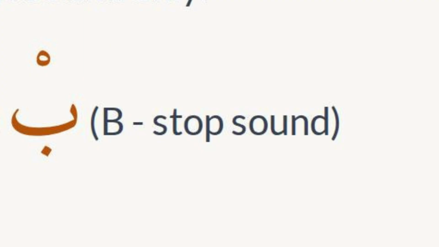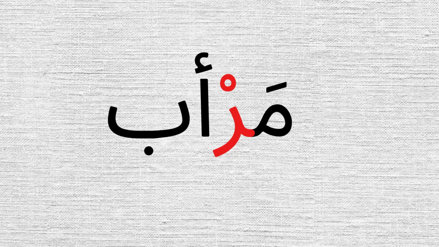It means literally silent or still. For example, here we have the letter ba. If we put a sukun above it, it will be like b. Let's see some examples. Mar'ab.